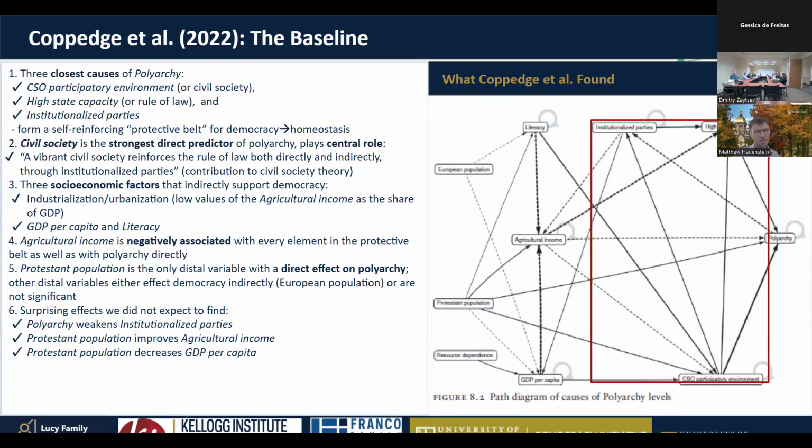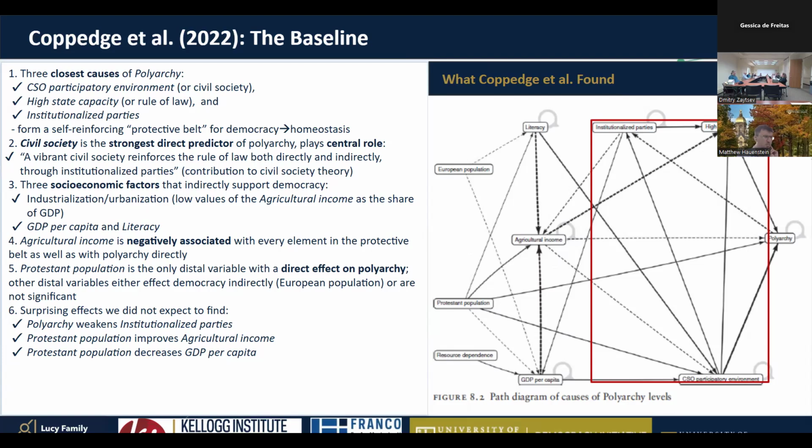And I want to highlight in the red box over at the right, there are three variables that this chapter notes as a protective belt. There are three things that are related to each other. They tend to reinforce each other, and they all have some effects, direct and indirect, on polyarchy as well.